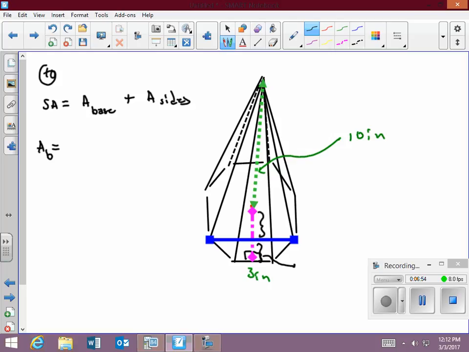Well, this distance, which isn't in good perspective, is pretty easy. This is 3 inches, right? So this distance right here is 3 over 2. It's half the distance. But we have to figure out this distance right here.